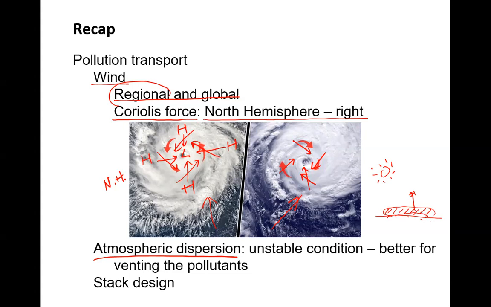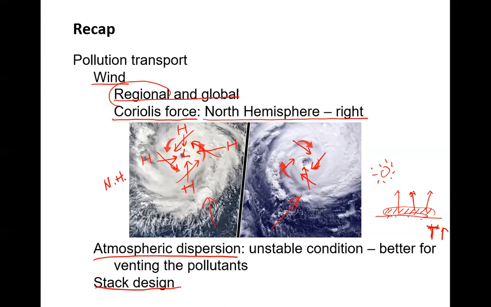But if we have a relatively high temperature, let's say temperature is higher, then this air is going to tend to rise up, right? So that's called the unstable condition, which is better for the ventilation of the air pollutants. So because of this dispersion, people have different methods for designing the stack. Right?